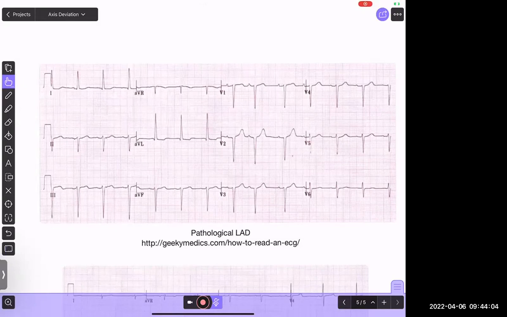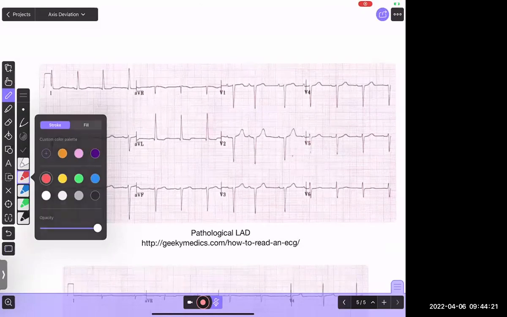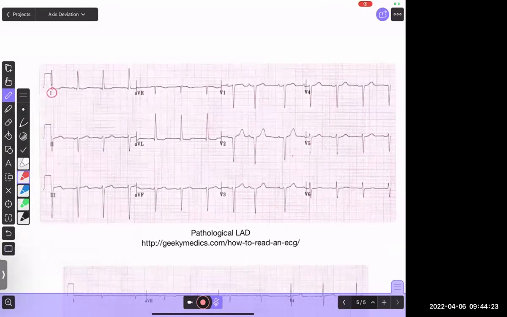So if we get a mental picture of a vector moving towards the positive pole from the right shoulder to the left shoulder, but away from the feet and towards the head, or caudally, what type of axis deviation is that? Left. Left axis deviation, absolutely. Everybody got that? Everybody see that?